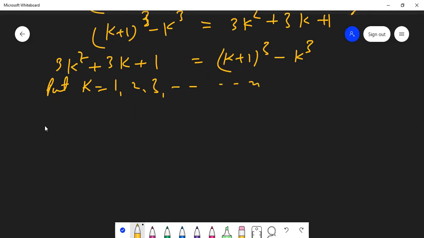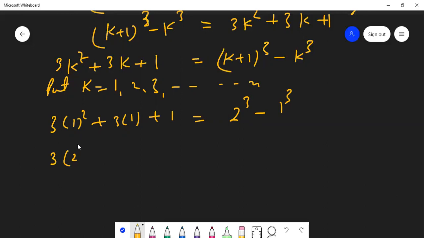So what do I get here? When I put k equal to 1, I get 3 into 1 square plus 3 into 1 plus 1 is equal to 1 plus 1, that is 2 cube minus 1 cube. Now put k equal to 2. So 3 into 2 square plus 3 into 2 plus 1 is equal to 3 cube minus 2 cube.